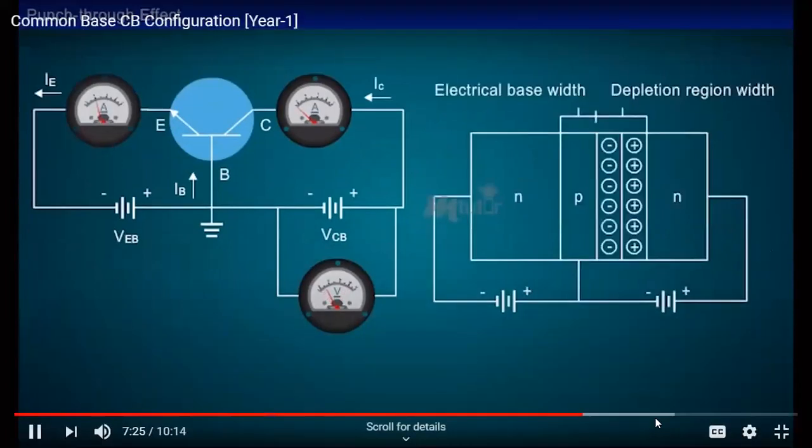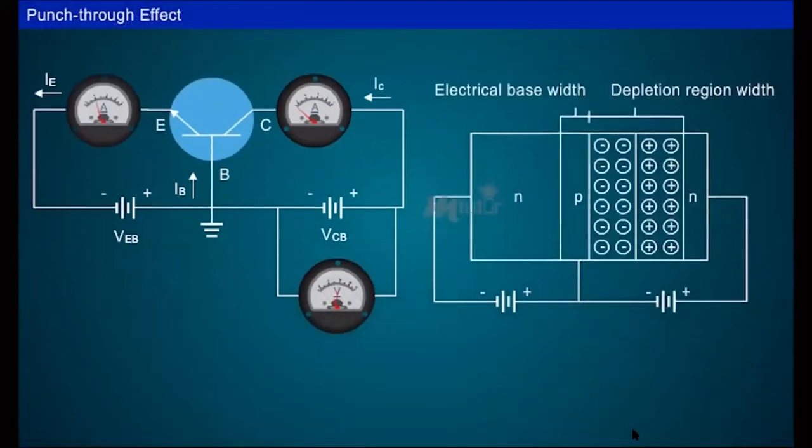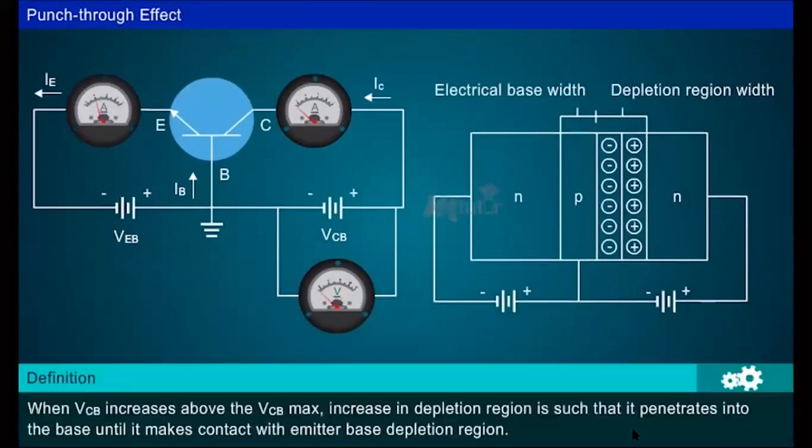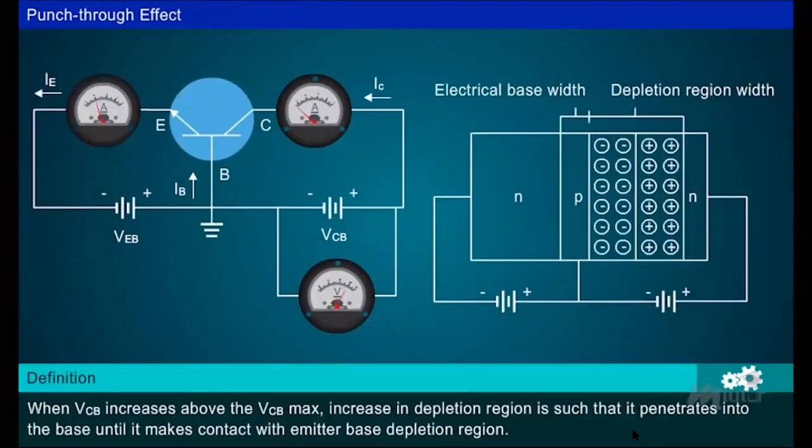When collector to base voltage increases, the width of the depletion region at the junction increases. When VCB increases above VCB max, the increase in depletion region is such that it penetrates into the base until it makes contact with the emitter base depletion region. This condition is called punch through or reach through effect.